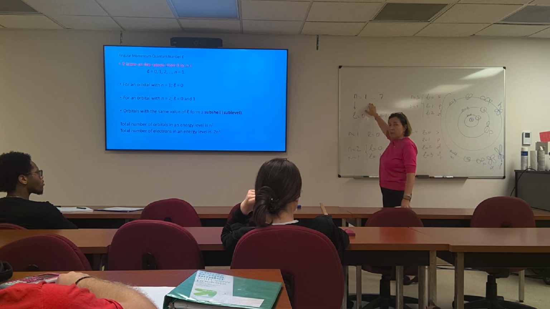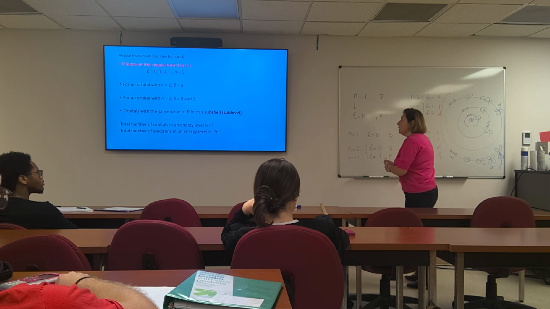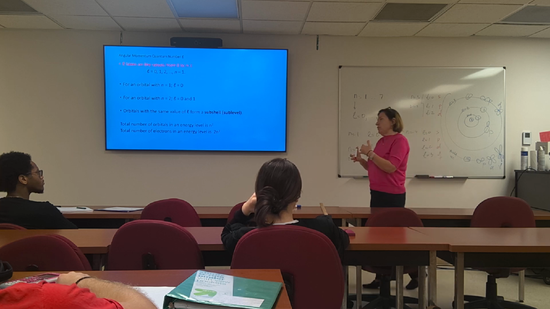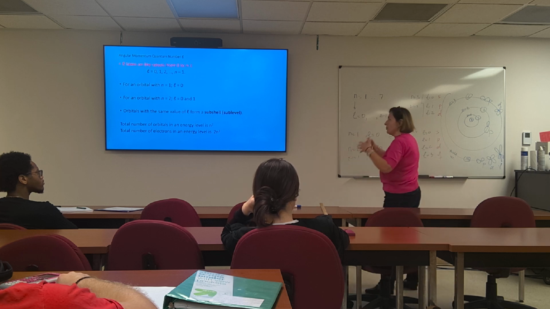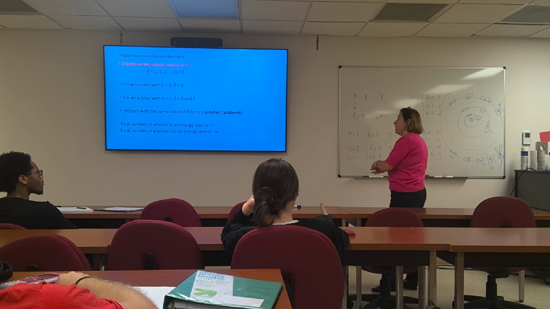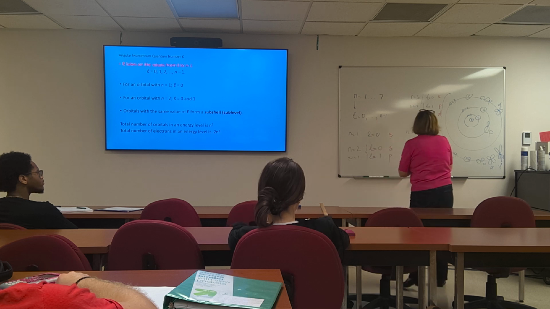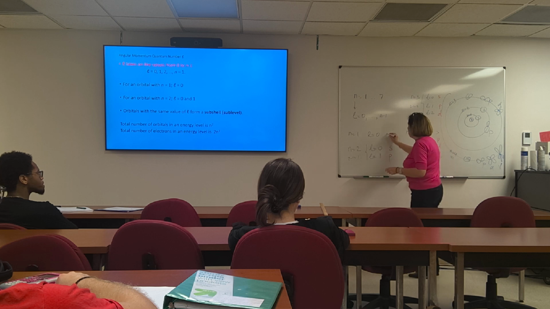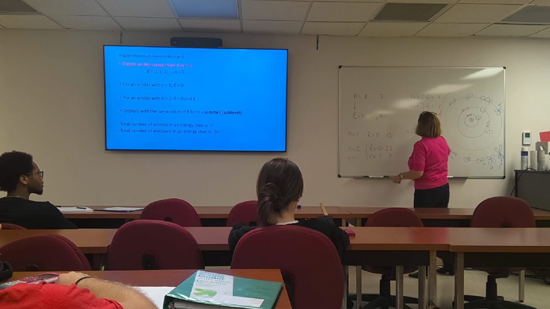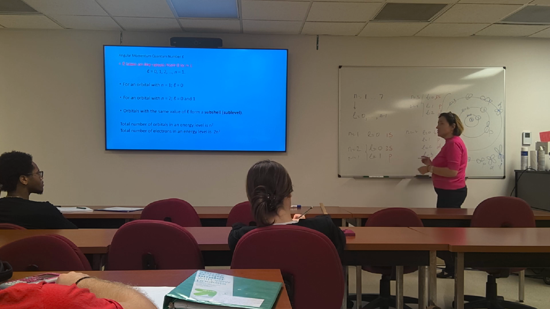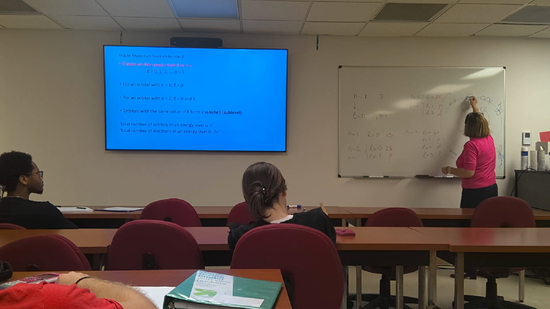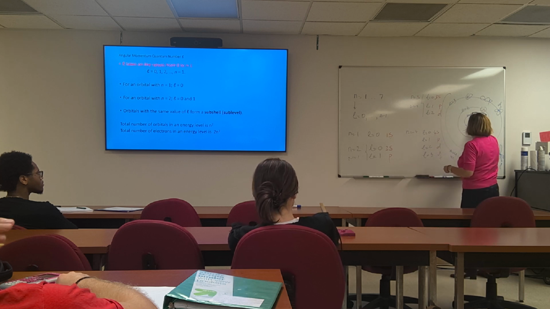It doesn't depend on the value of n. So to differentiate the orbital s from the 1st energy level to the 2nd, I have to put the number of the energy level in front of it. So this would be 1s, this would be 2s, 3s, 4s, and so on.